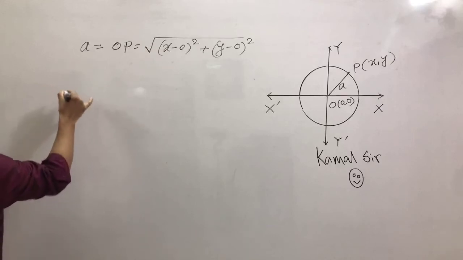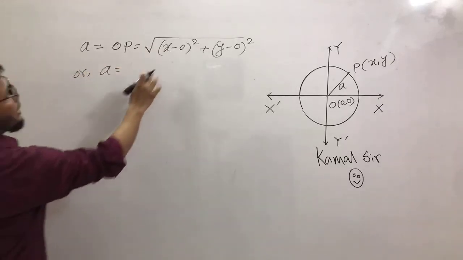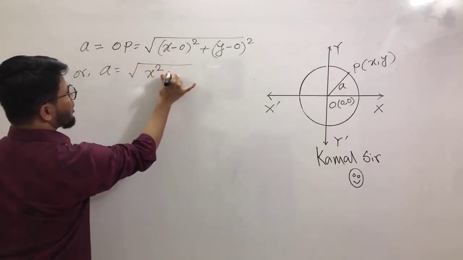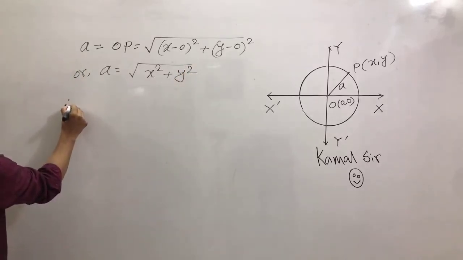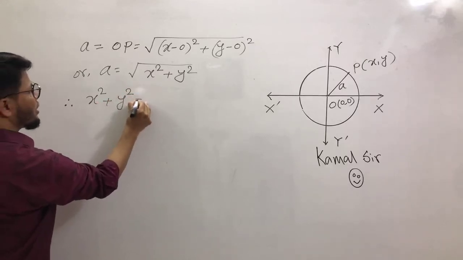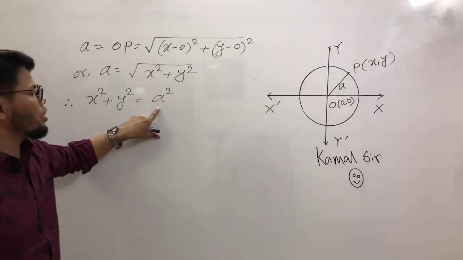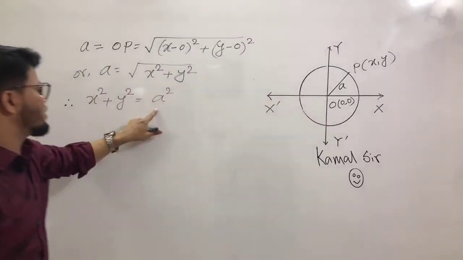And now finally, if we do calculation here, this is A, and here we will get root of what? x square plus y square. So squaring on both sides, we can write here x square plus y square equal a square. So this is the equation of circle whose center is at origin and radius A.